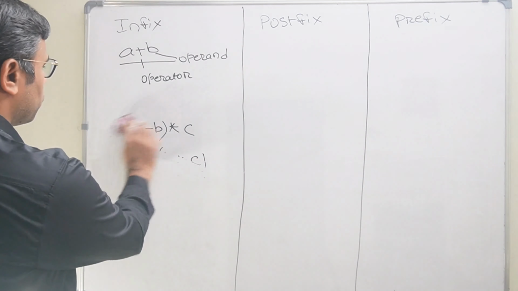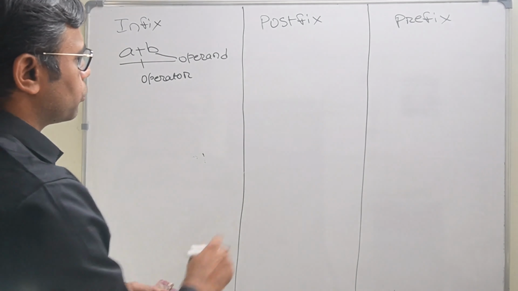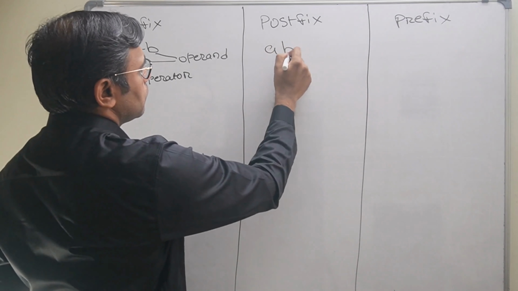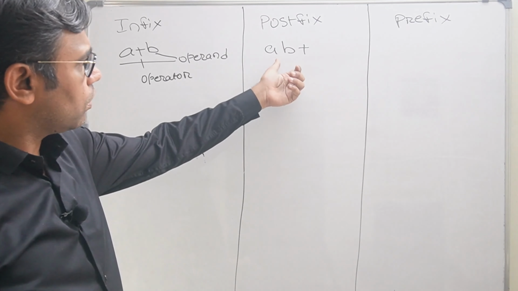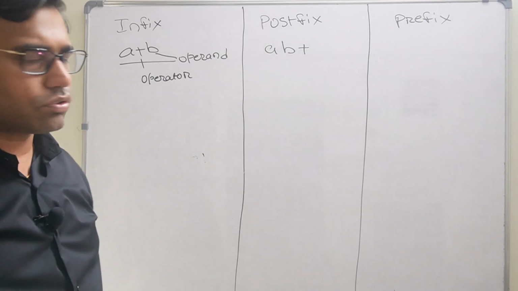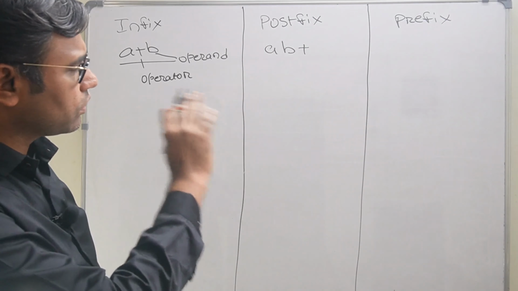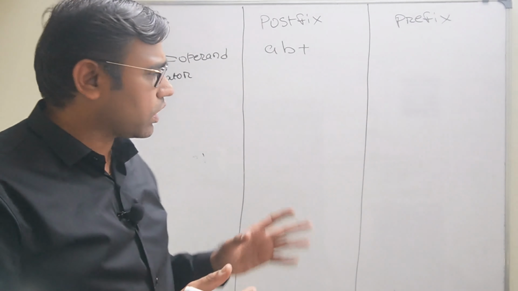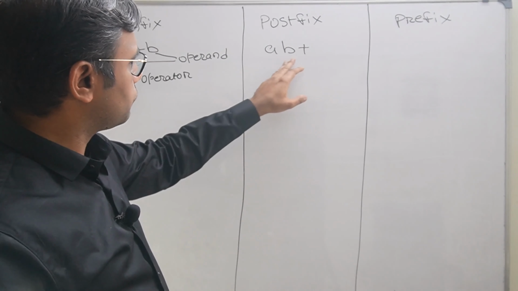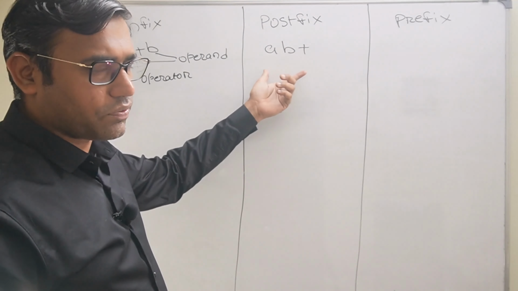Now next is postfix notation. What happens in postfix notation? Postfix notation is represented like this. Here the operator is always after the operands. There is no need to remember the associativity and precedence of the operator. You can directly say how this will be evaluated using this expression.